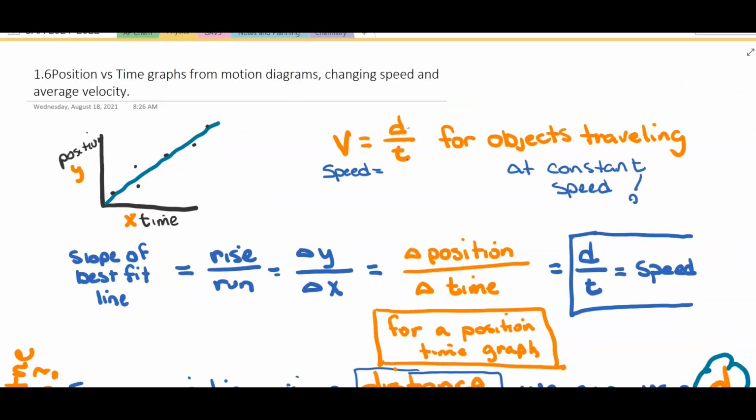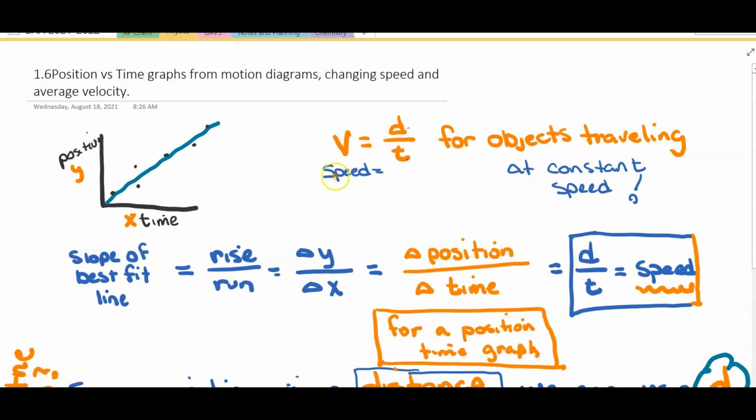This ratio of position to time is actually known as speed. The speed of the object is the slope of a position versus time graph. Sometimes that gets abbreviated as d over t, because this is your position, a distance you've traveled, and t for time.